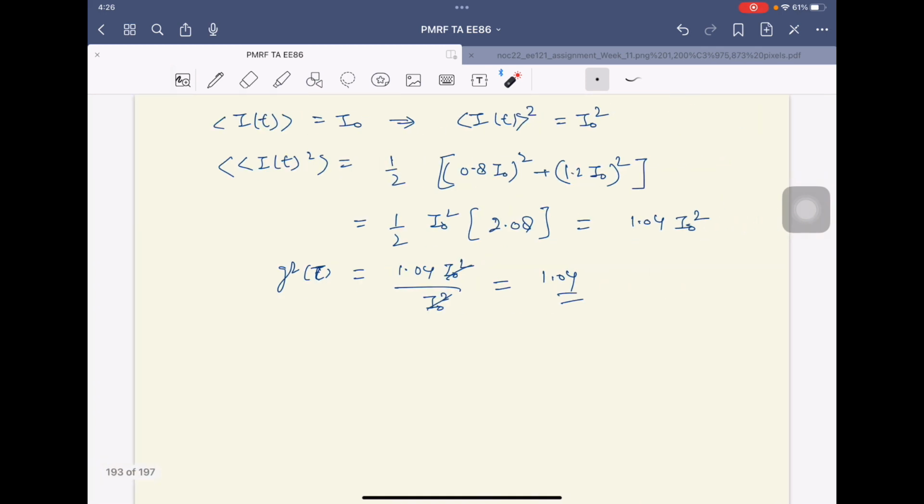So how can we calculate it? The average of I t will be I0, so its square is I0 square. And what is the value of the average of I t square? That is 1 by 2 times 0.8 I0 square plus 1.2 I0 square, and that will be 1 by 2 times 2.08, right?